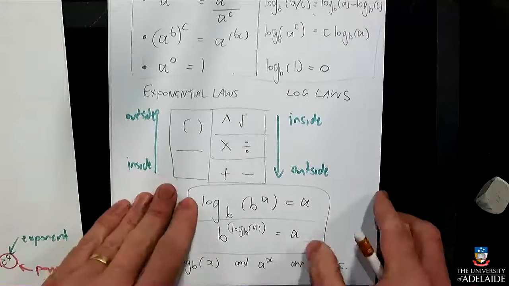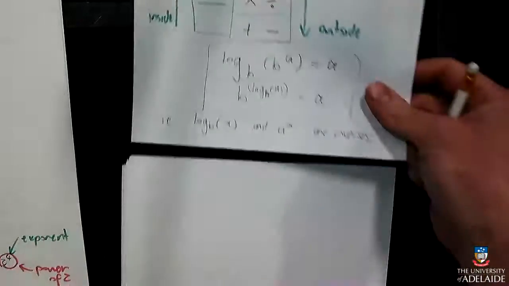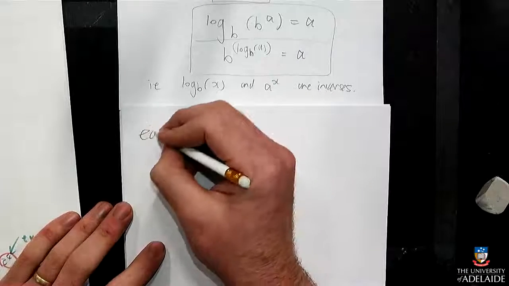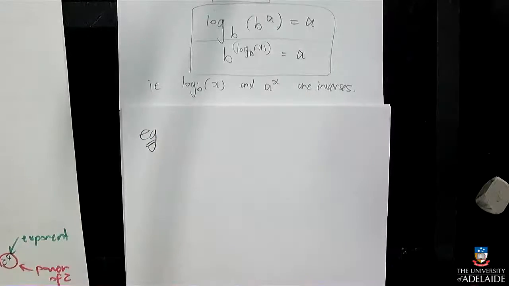So let's just use these algebra laws to do some stuff. Okay. So now that we've got the algebra laws down, we should be able to solve some equations or do some simplifying.